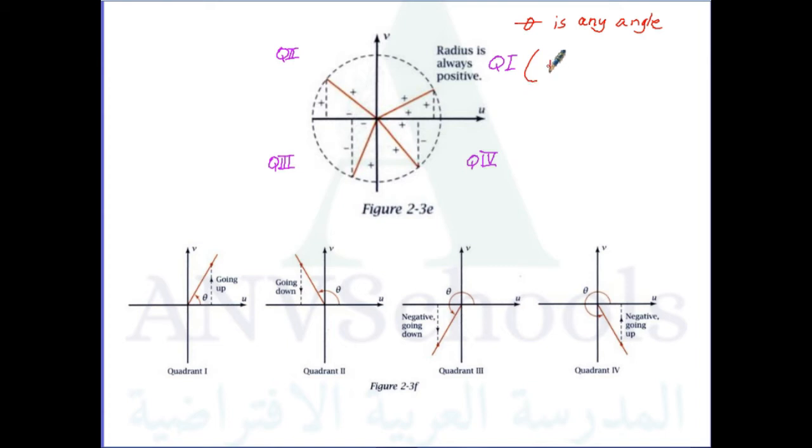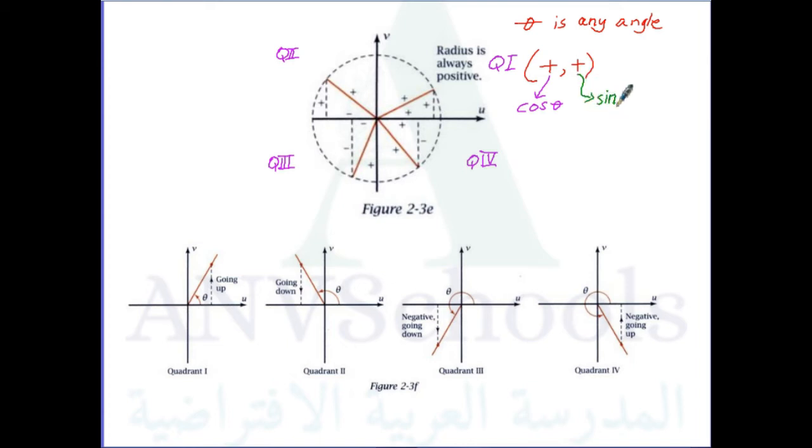So in essence, we have a positive part here. And as a technique for easy understanding, this will be for your cosine of theta, and this one would be your sine of theta.